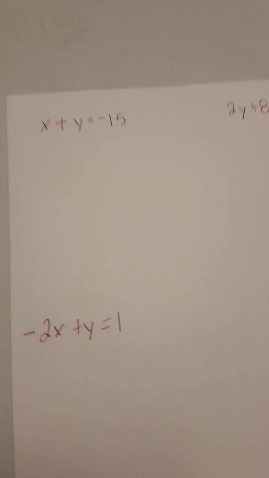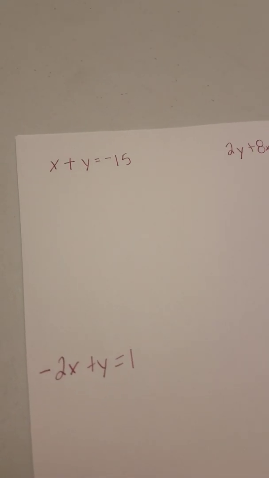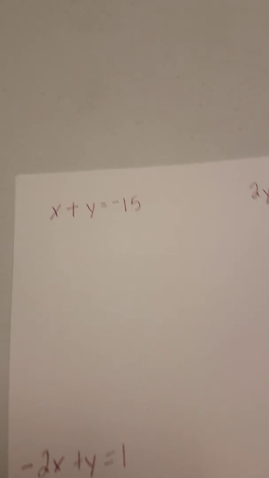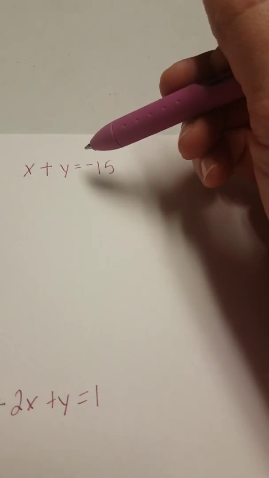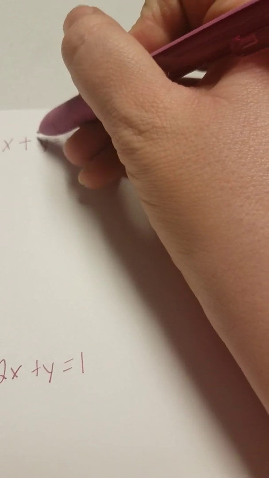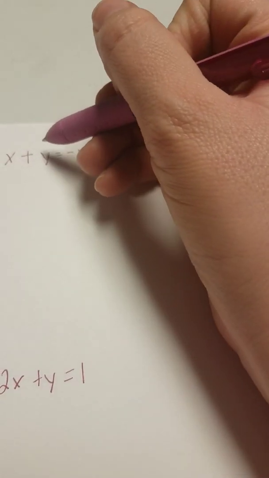So I have 3 equations written on the paper, and I will work through each of them for you. So with this one, we can get rid of either, and I'm going to get rid of y, and we're going to write this as an x equals, okay?